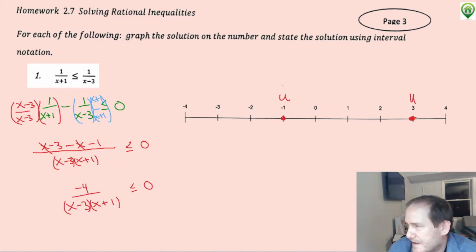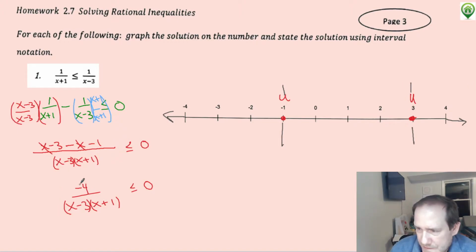And then this now sort of divides the number line. We've got 3 regions, so you're going to want to test these 3 regions. This thing goes on forever to infinity, this thing goes on forever to negative infinity. So these are my 3 regions, and I'll test them. So we said, basically we've got a negative in the numerator, and in the denominator we've got to test these 2 expressions.